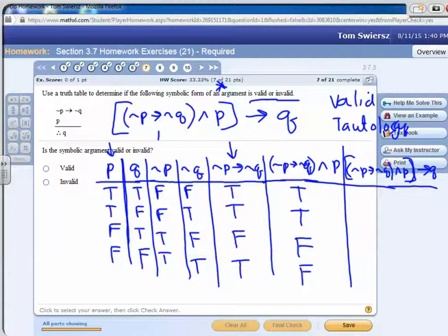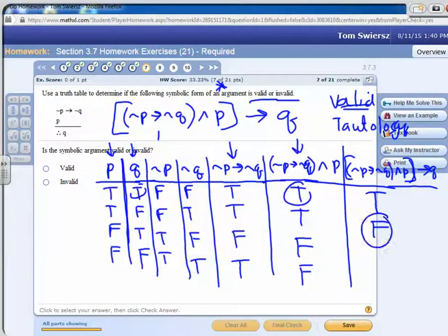So we're doing this column here is the if, and column 2 is the then part. So if true, then true, right? If true, then true is true. And if true, then false is false. And right away, we don't have to do any more. The only way the argument would be valid is if it was all trues.